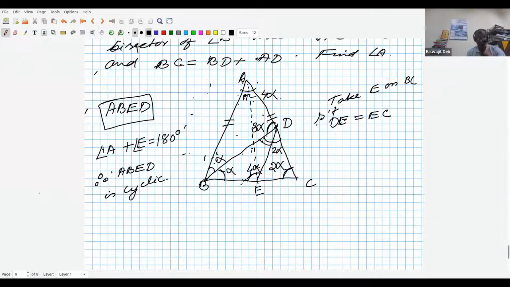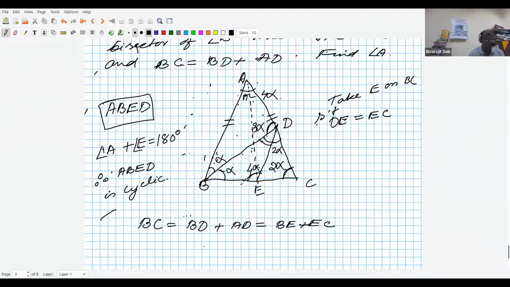BDE. Okay. Now what we know is that BC is equal to BD plus AD. And we also know this is equal to BE plus EC.